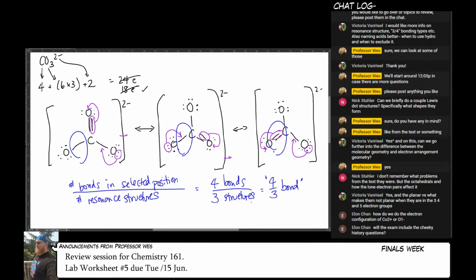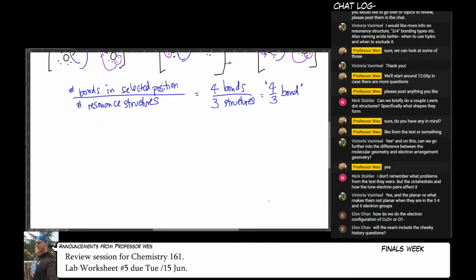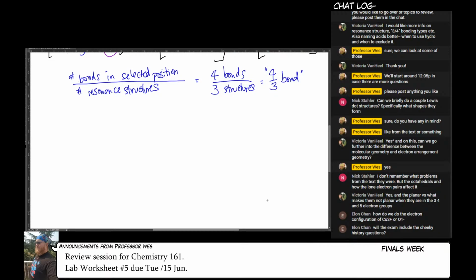So let me do another one of these. Let's do... I'm trying to think of one that would have multiple bonds around the central atom, but I'm not really coming up with any.